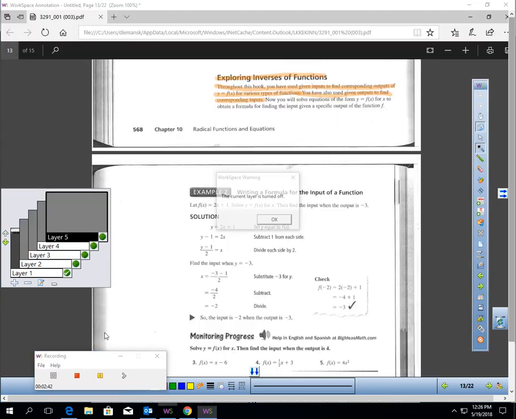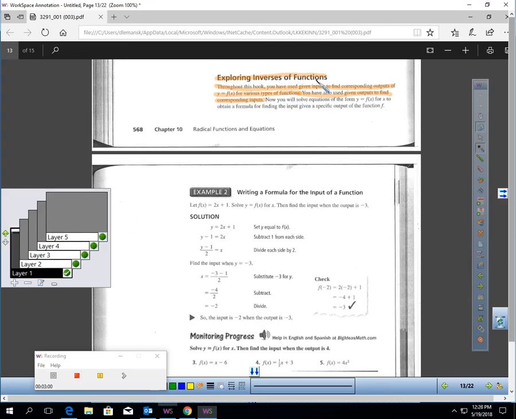Now, what does this inverse of functions do, or what does it mean? Throughout the book, you have given inputs to find corresponding outputs of y equals f of x for various types of functions. So it's important to remember, all throughout the book, the inputs were the x's and the outputs were the y's. When you do inverses, you're going to flip those around.